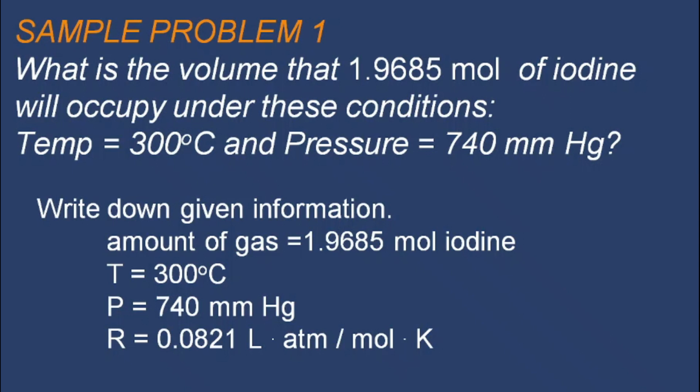Now these are the given. The amount of gas, or n, is 1.9685 moles of iodine. The temperature is 300 degrees Celsius. The pressure is 740 millimeters of mercury. And the gas constant is 0.0821 liters times atmosphere per mole times Kelvin.